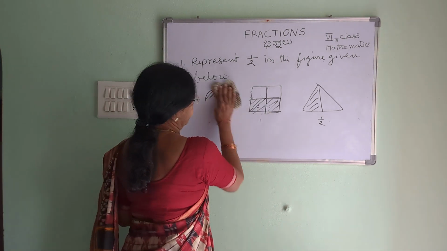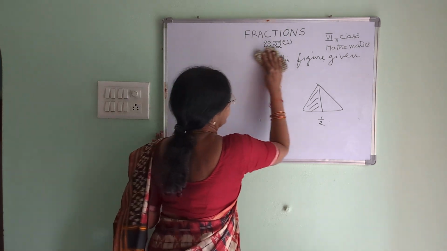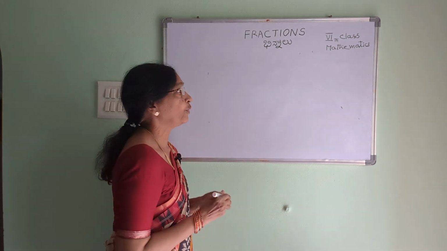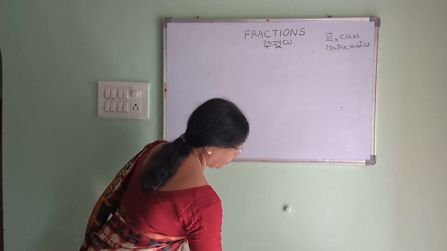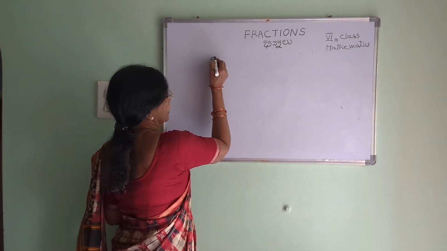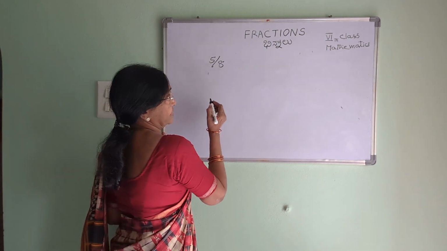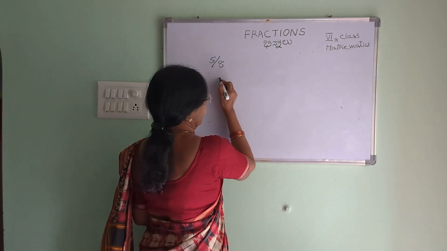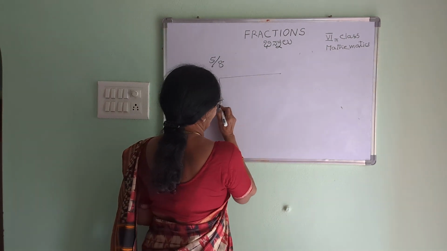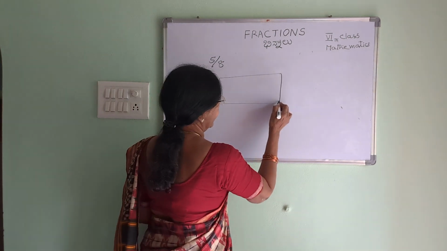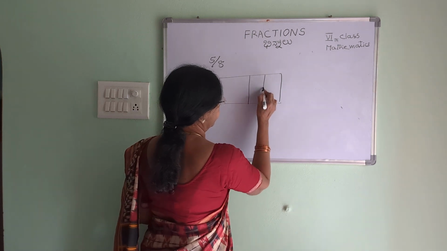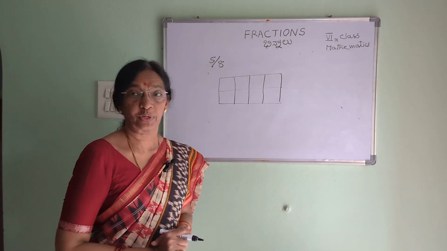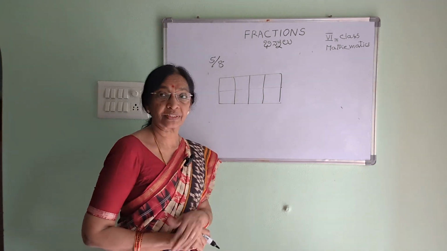Next. How do we represent 5 by 8 in the following figure? See, in this figure there are 8 equal parts given.